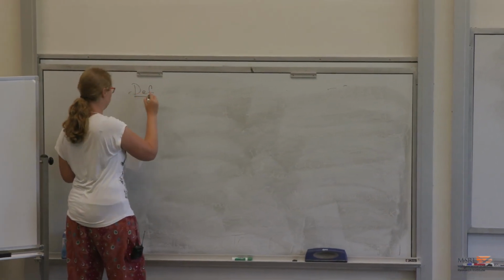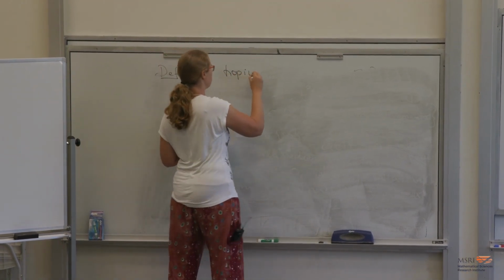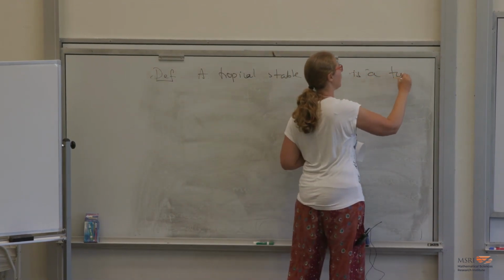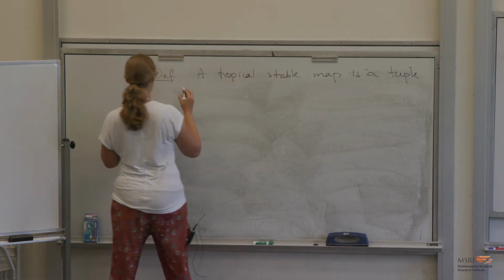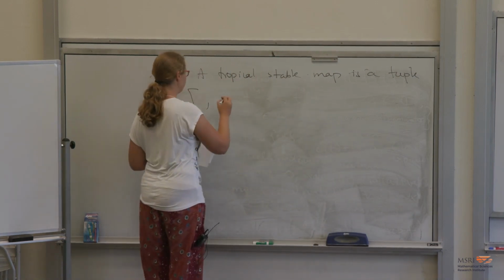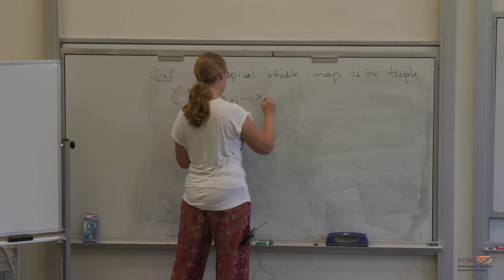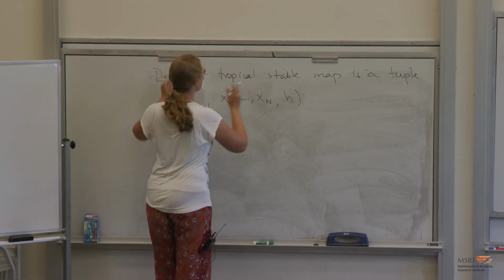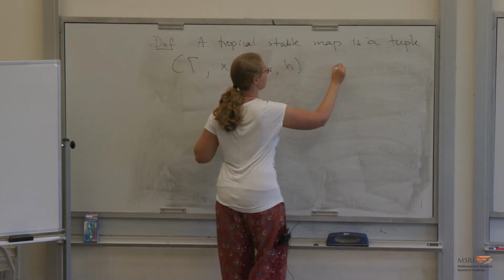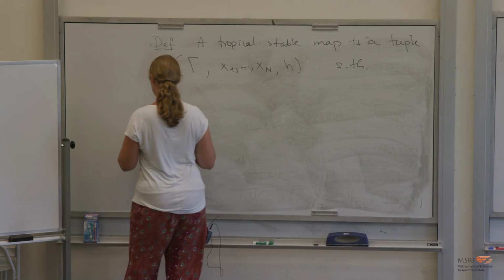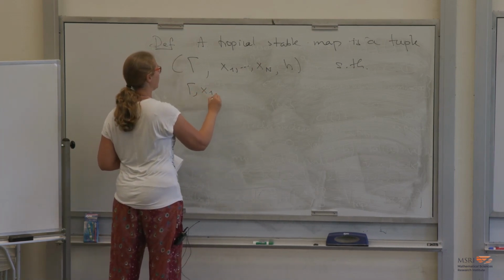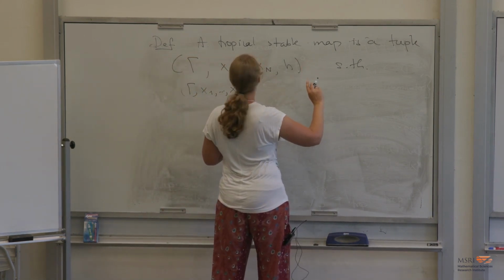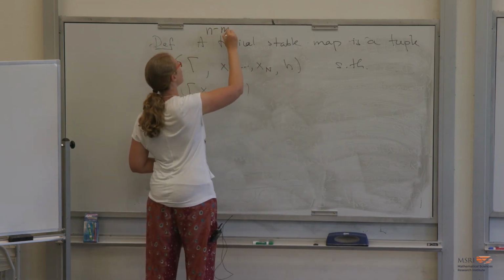So let me define a tropical stable map. And it's a tuple consisting of an abstract tropical curve, gamma, some marked ends that I call x1 to xn, and a map H. Sorry, I should also, I want to fix a special number of markings.